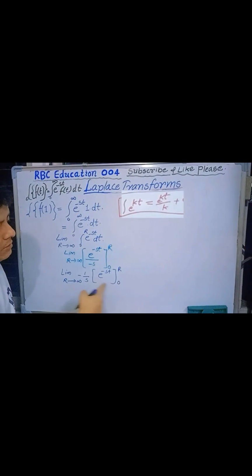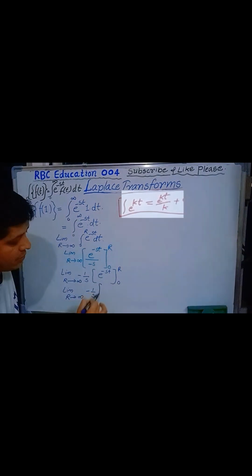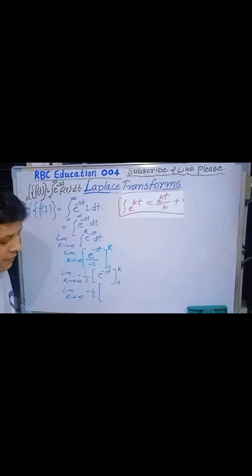Now you can solve this by upper limit minus lower limit. So the limit r tends to infinity, and 1 by minus s remains the same, and you just use the formula of upper limit minus lower limit. I'm not writing the formula here, but you need to know the formula of this integration, or else it will be a problem.